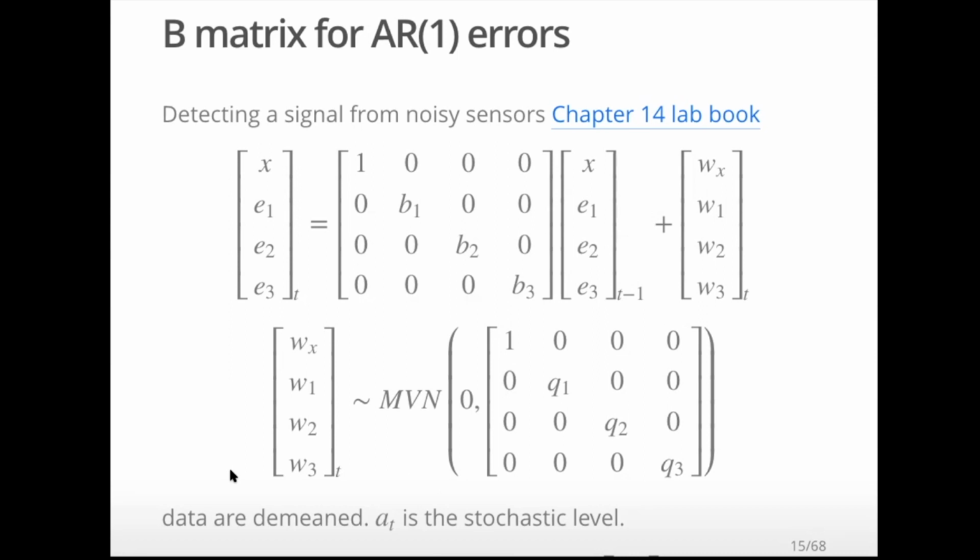So you can imagine that you've got that stochastic level, but you want to model the observation errors as AR1. So you don't want to treat them as white noise. So you've got this random level that's like a random walk, and then you're observing that with autoregressive errors.